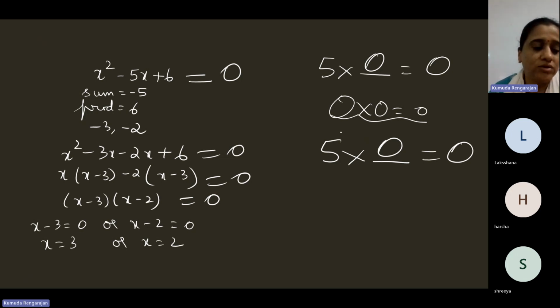On doing so, you get x is 3 or x is 2. So 2 and 3 are the solutions or roots of the quadratic equation, also called the zeros of the quadratic polynomial.